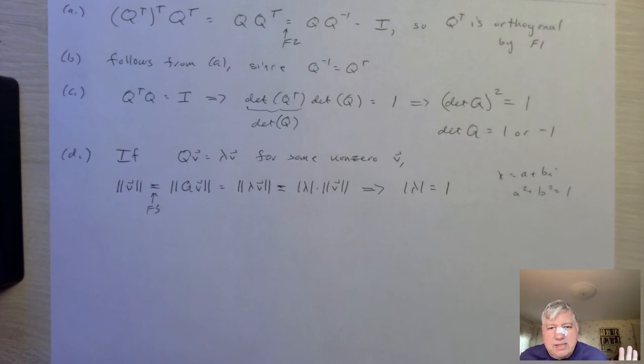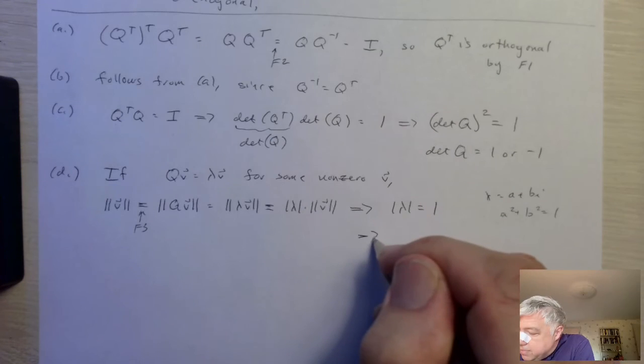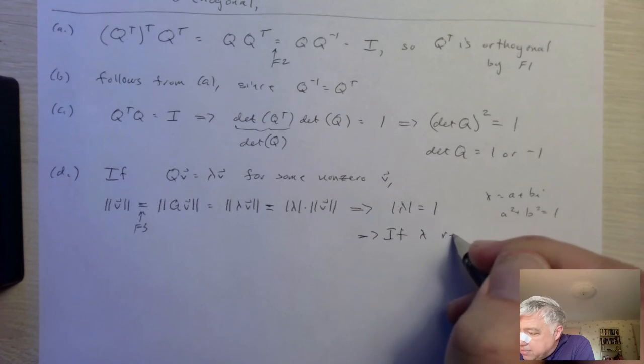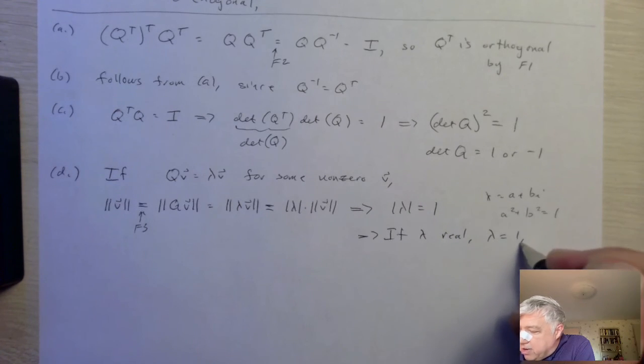Again, if you haven't had a course on complex analysis, don't worry about it. Just interpret it this way: if lambda is a real eigenvalue, then it has to be 1 or negative 1.